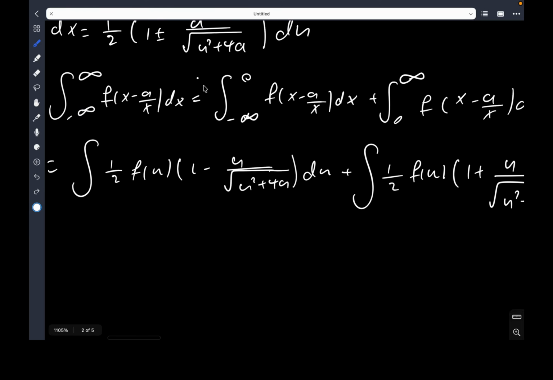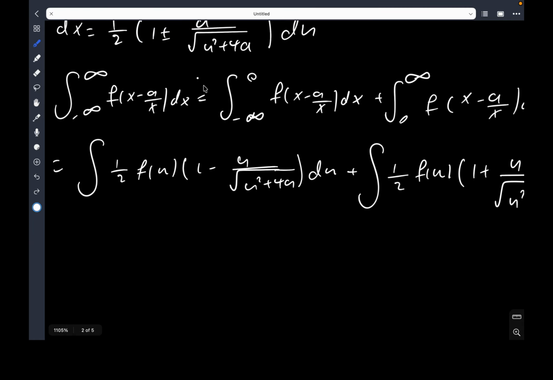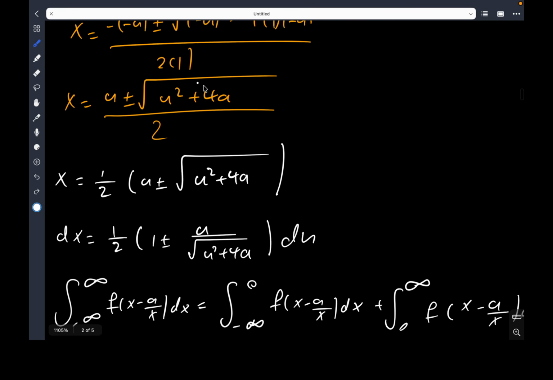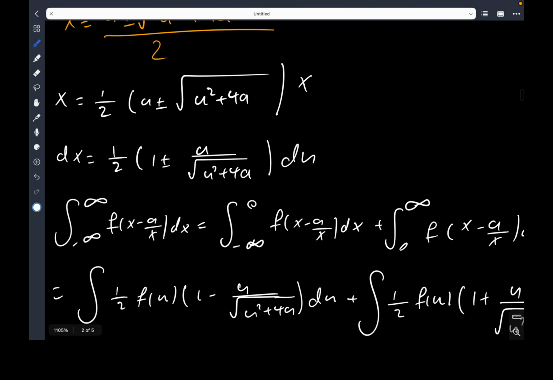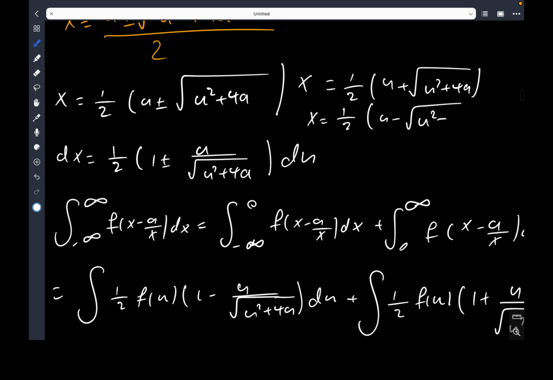And my bounds here are going to be from, if you plug it in, so where's my x here? One x here is going to be half u plus root u squared plus 4a, and the other is going to be half u minus root u squared plus 4a.